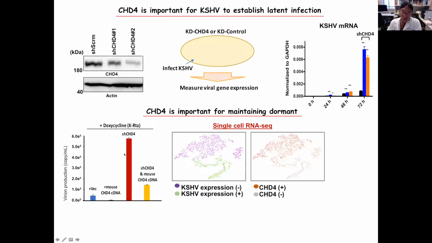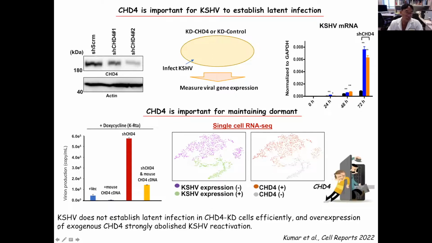So CHD4 is very critical for KSHV reactivation. And then when looking at the single cell level, here is showing the population where KSHV is not reactivating. This has more CHD4 expression, whereas in the cell population where KSHV gene expression is induced and expressed, you can see CHD4 is not expressed well.